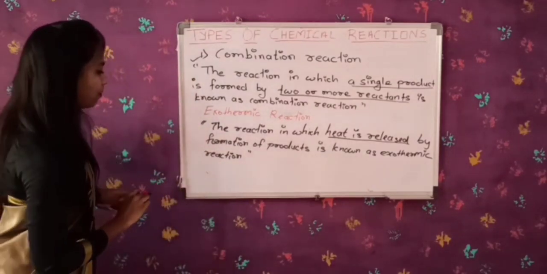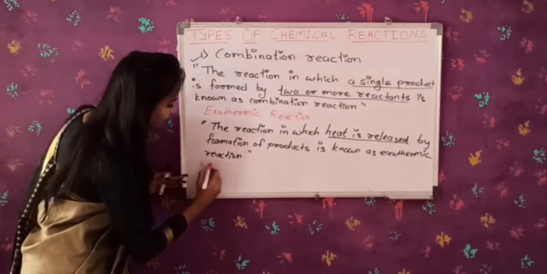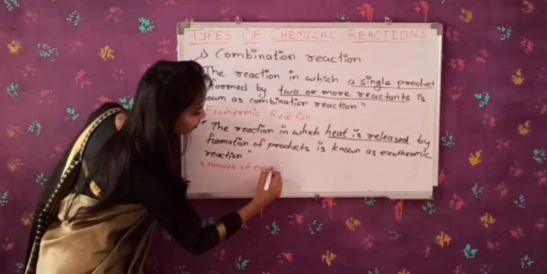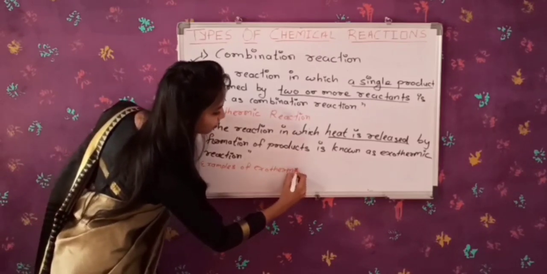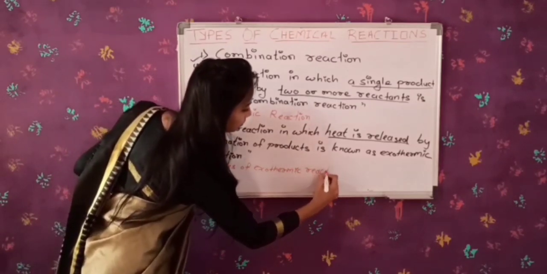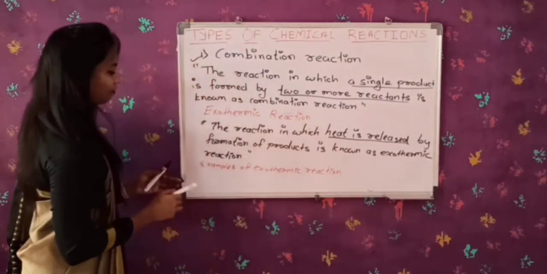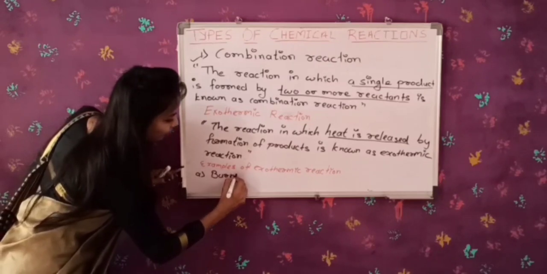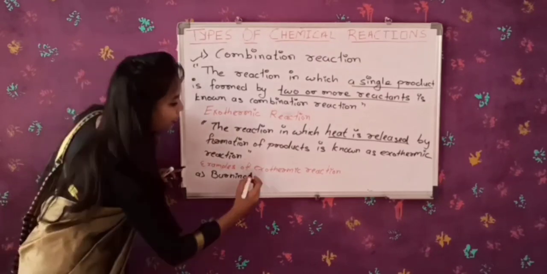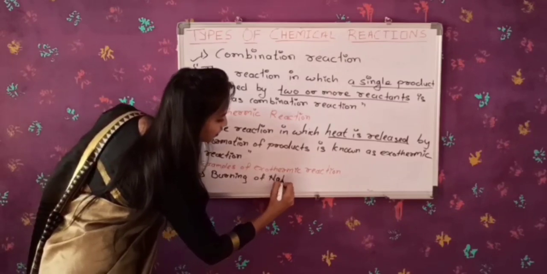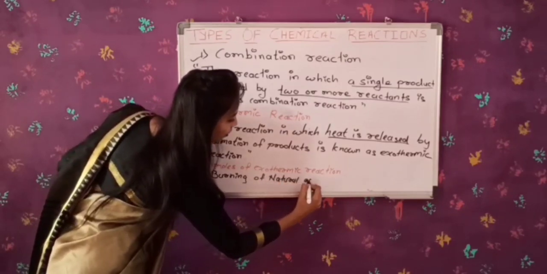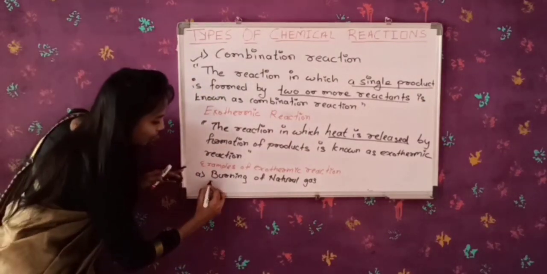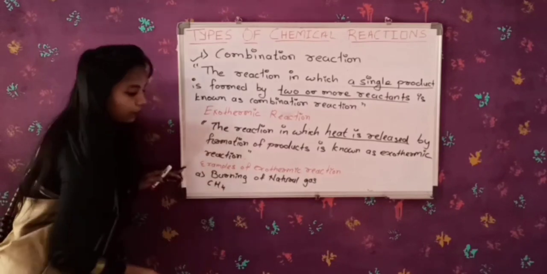Now let us see its example. Examples of exothermic reaction. Its example involve burning of natural gas. The most common example for natural gas is methane, and it is CH4.